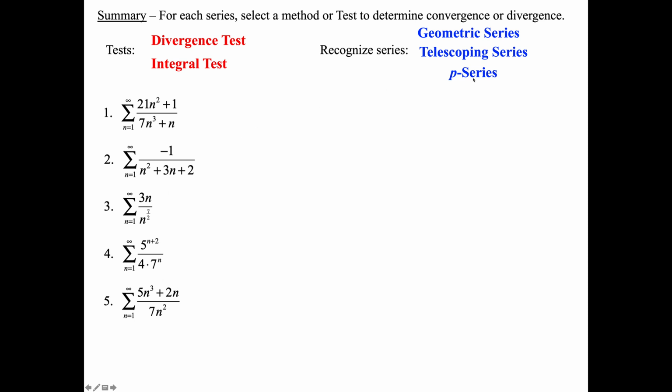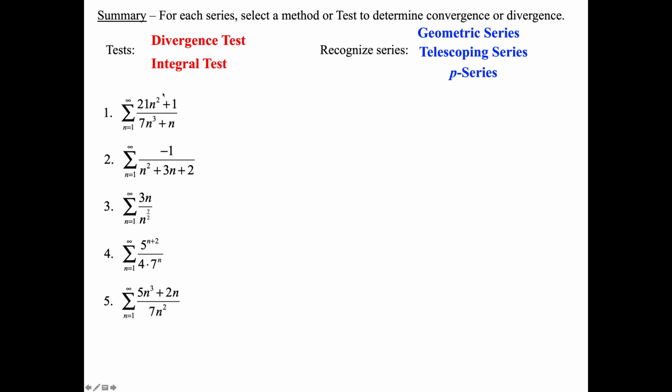All right, so again, for p-series, you have to have n raised to a power. Geometric, you have to have, let's see, your n has to be in your exponent. And telescoping, you have to have fractions being subtracted, or there's negatives in there, which causes us to run into the problem of not having positive function.